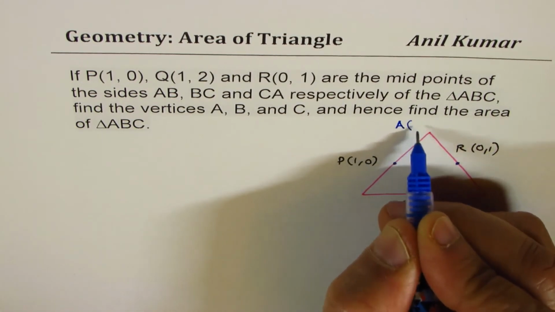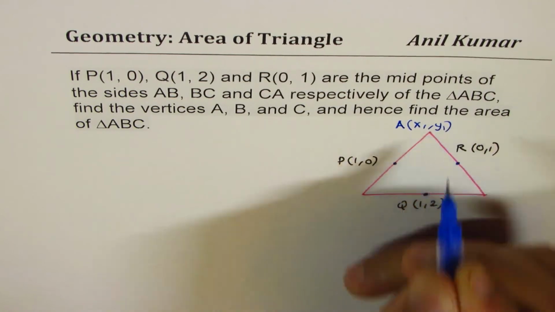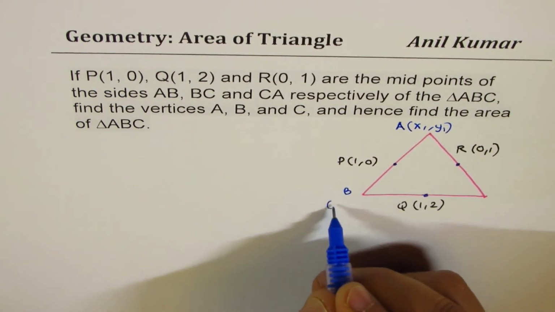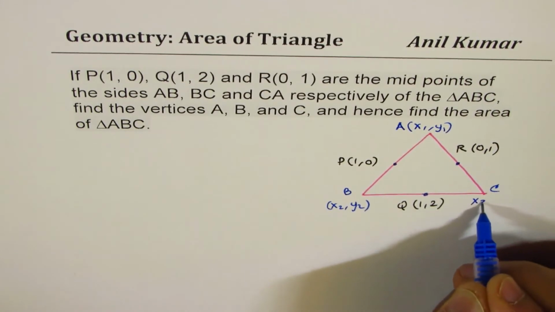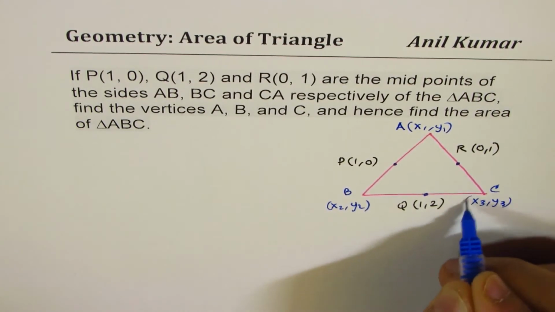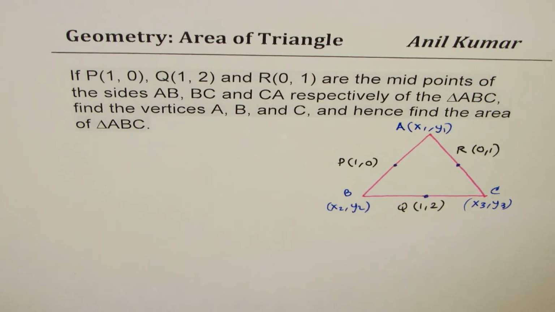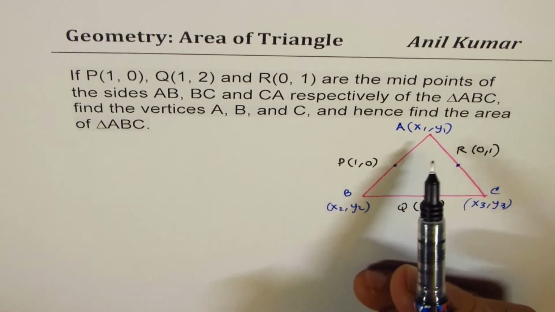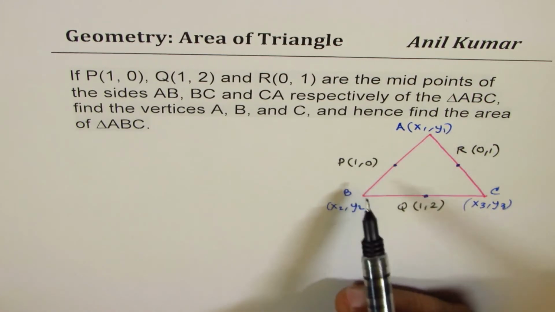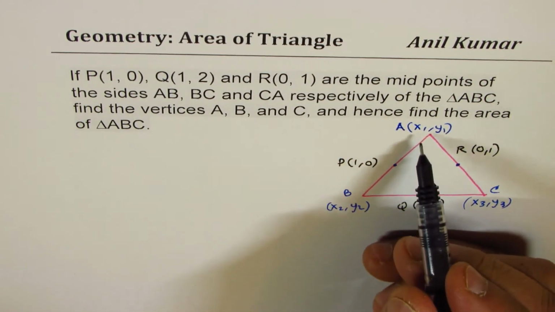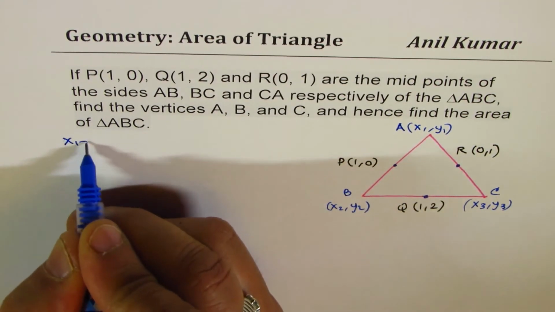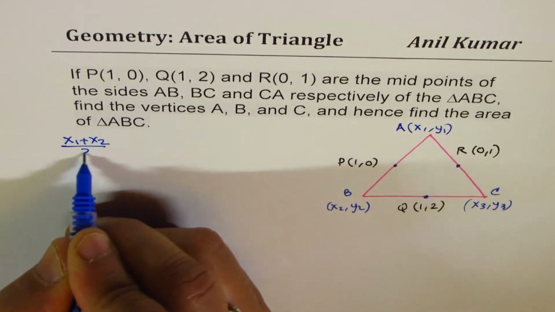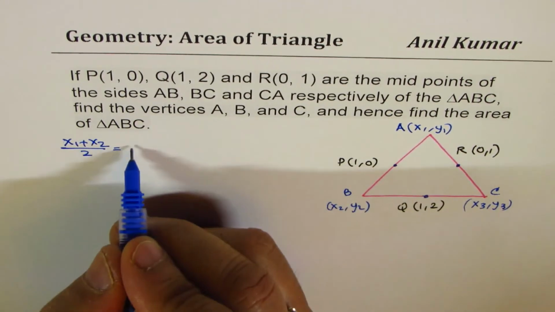So A, we don't know, we'll write (x1, y1), B (x2, y2), C (x3, y3). You have to find these points, correct? The method which you normally study is, this is the midpoint, correct? So what will you do? You will do x1 plus x2 divided by 2 should be equal to the x value of 1, correct?